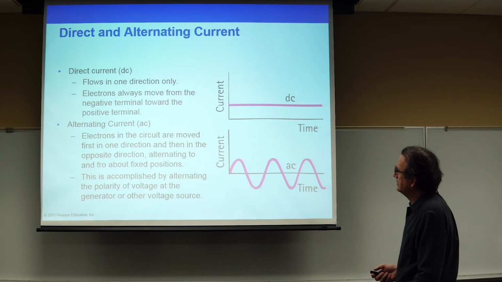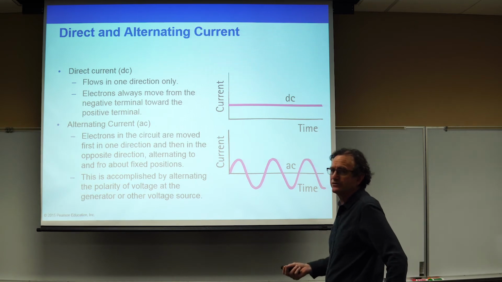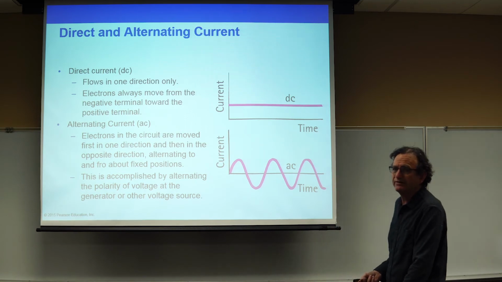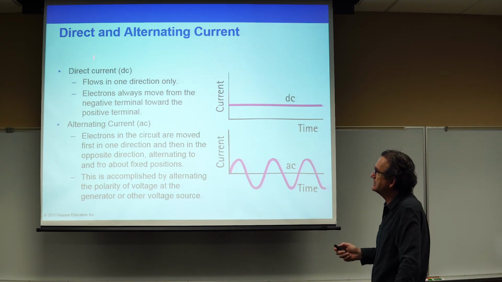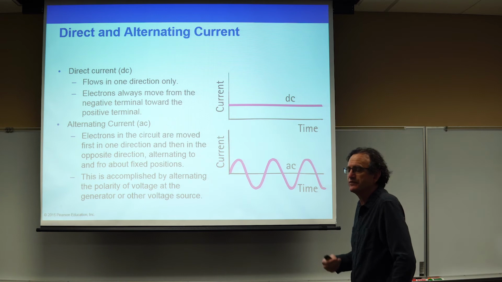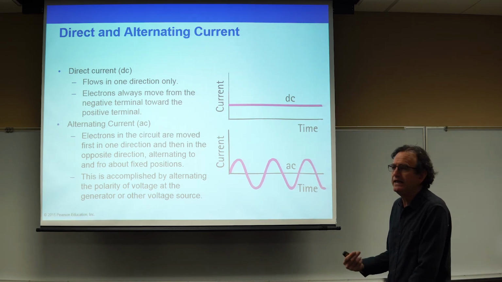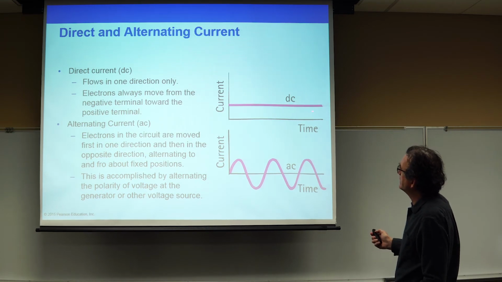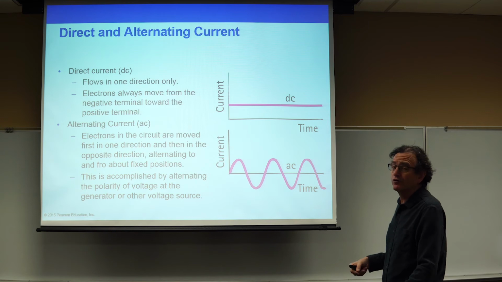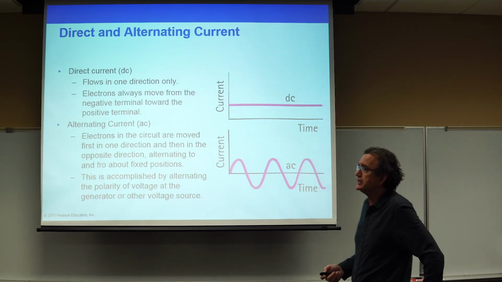But with alternating current, I can imagine now, in this case, this is not a battery that you can buy at the store. You cannot buy a 12-volt alternating current. You can only buy a 12-volt DC current. DC, even though it stands for direct current, is often meant to mean any condition in which the parameter does not change with time. So direct current, DC, could refer to voltage or it could refer to current. It's any parameter that's not changing with time.